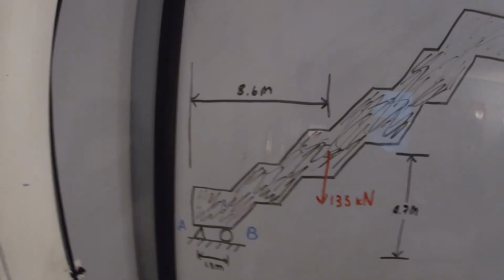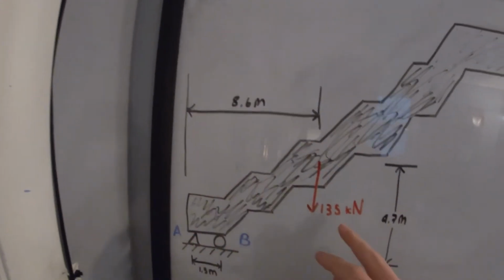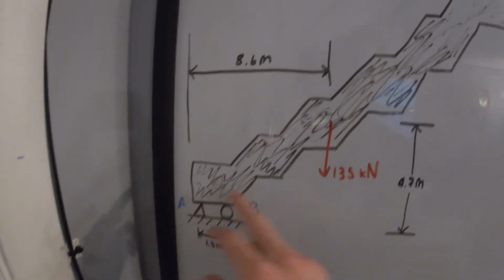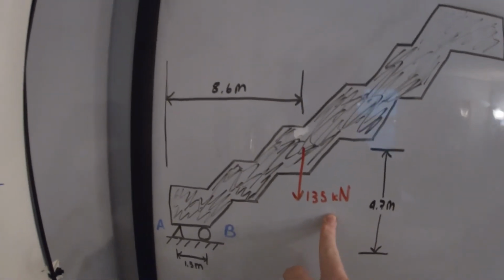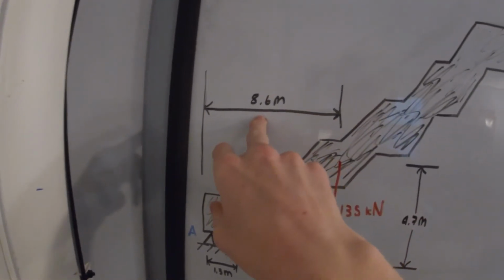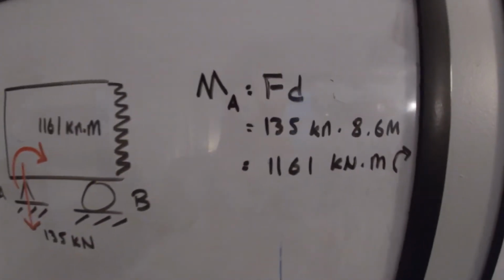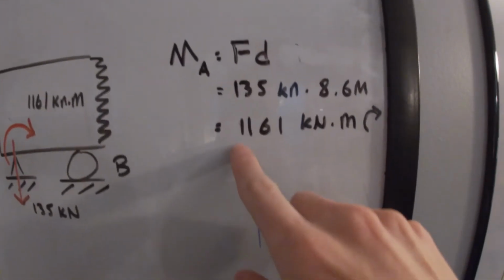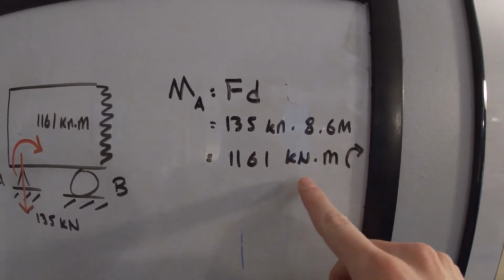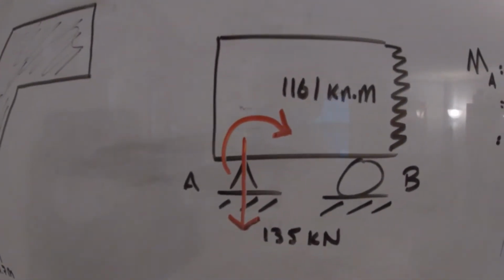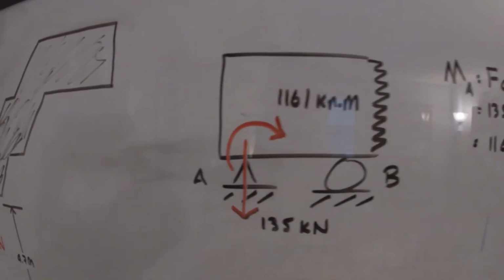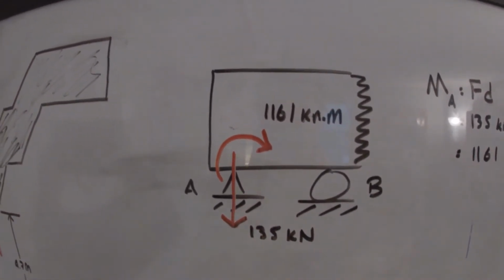So by the definition of a moment, all we have to do to find the moment at A is multiply 135 kilonewtons, the force, by the perpendicular distance of 8.6 meters. We go over here and do that, and the answer is 1,161 kilonewton meters clockwise.